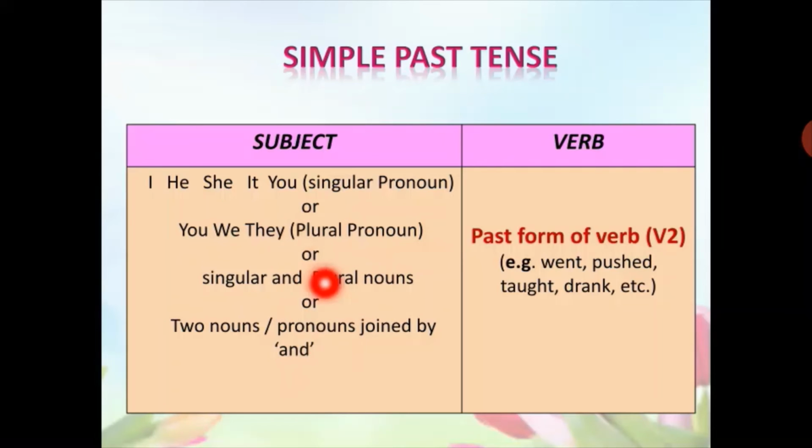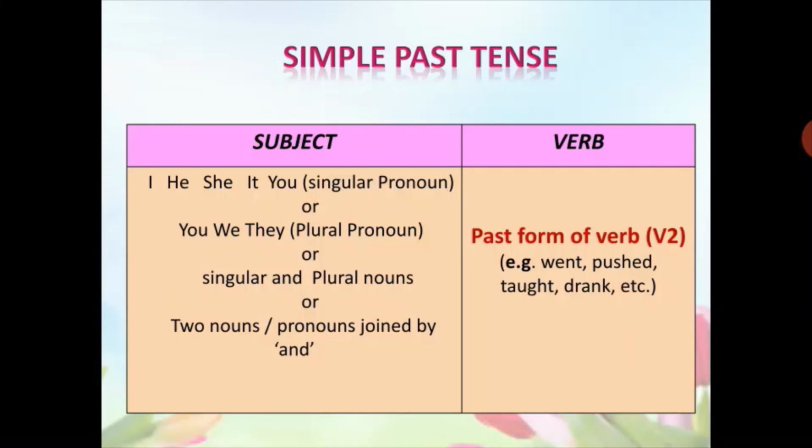With every kind of subject, we use the past form of verb in simple past tense. Examples of past form of verb are went, pushed, taught, drank, etc.